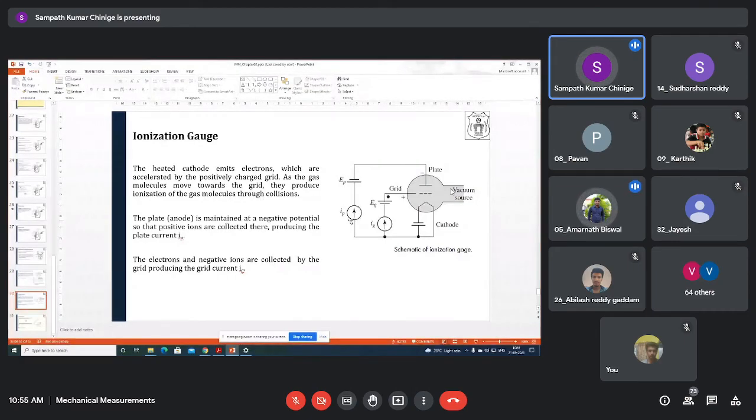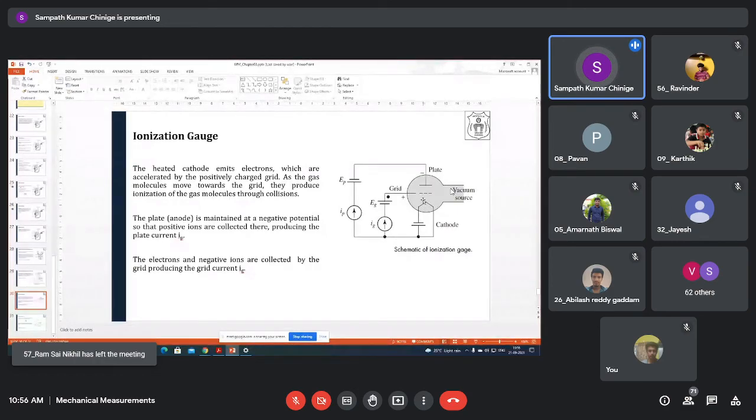Okay. Sir, then why is additional power added near the cathode? We are not providing any additional power, we are just heating the cathode. We give some current to the cathode so it gets heated up, giving extra energy to the electrons so they leave the cathode. While moving, the positive grid tries to accelerate them.